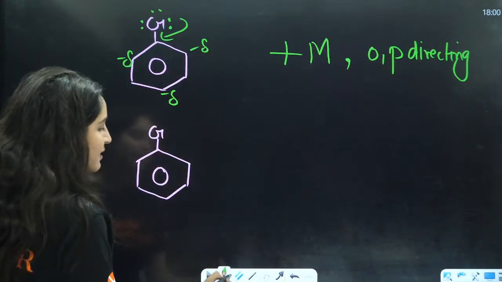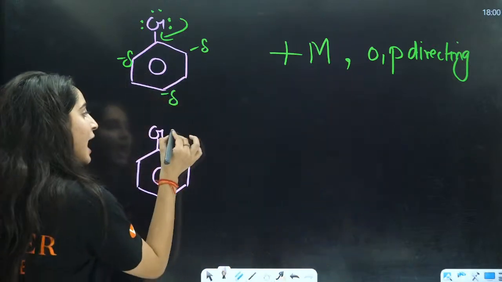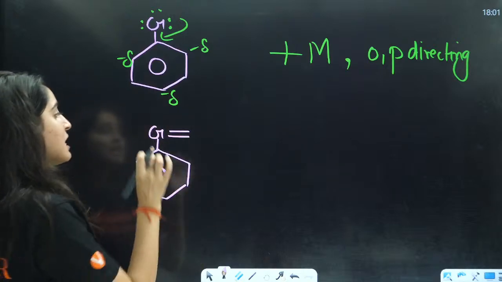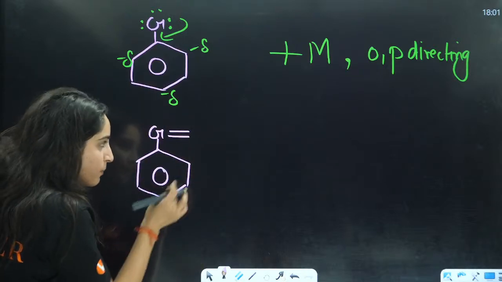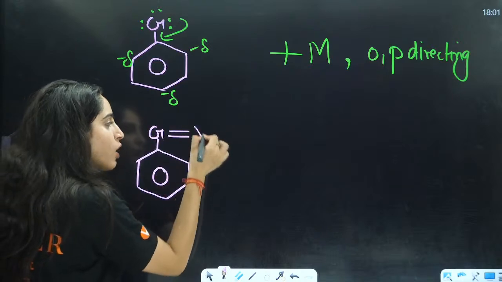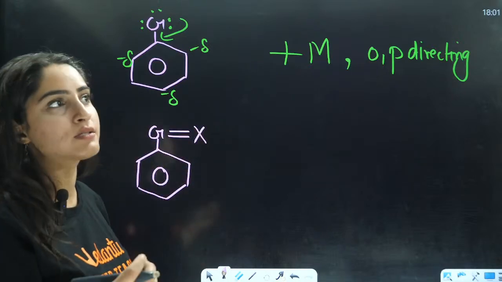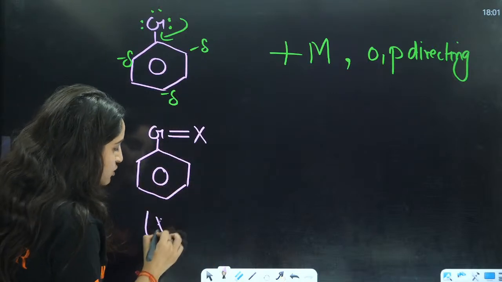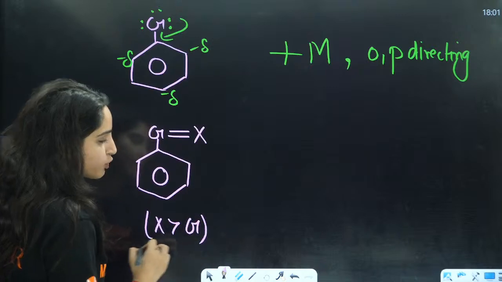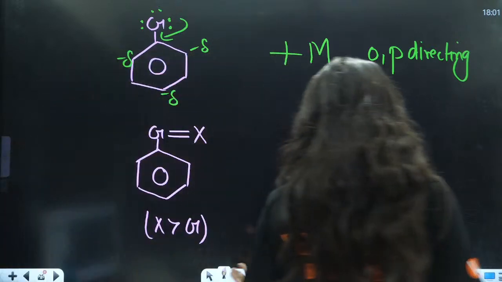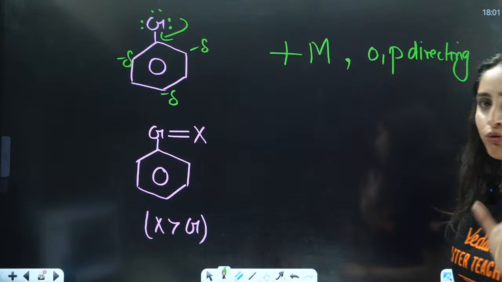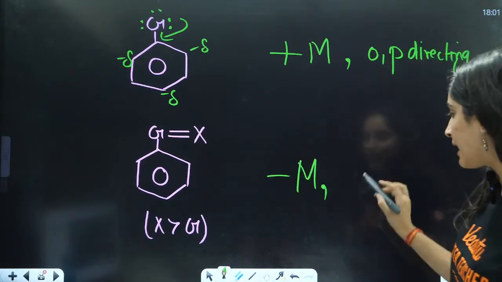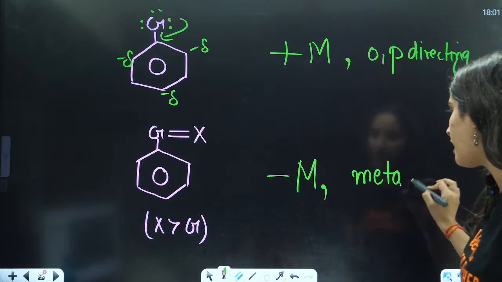Next is, for example, a group that does not have any lone pairs, but the group you have attached directly to the benzene ring is further attached to an atom X, with the condition that X is more electronegative as compared to G. Now this is always going to show the minus M effect, and that is always going to be meta directing.